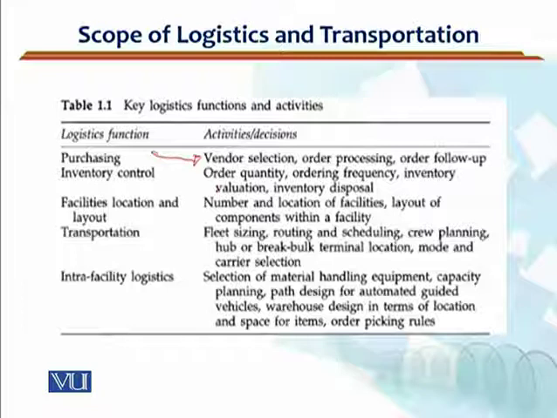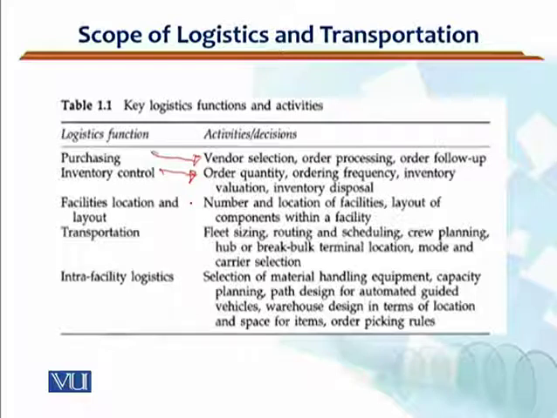That is all about the order quantity, how much you will order to optimally decrease your overall cost; order frequency, how many times you need to order; inventory valuation, how you would value your inventory after one period or one quarter; and inventory disposal, how you would dispose of your inventory.